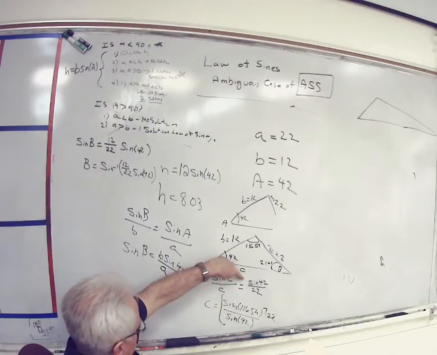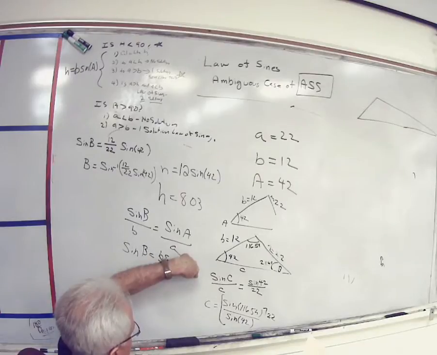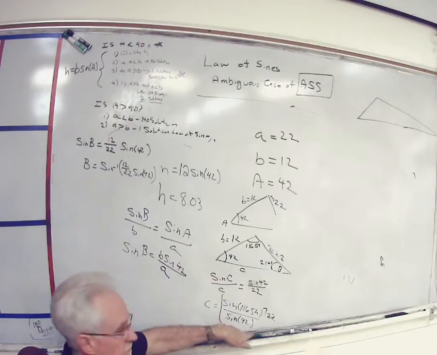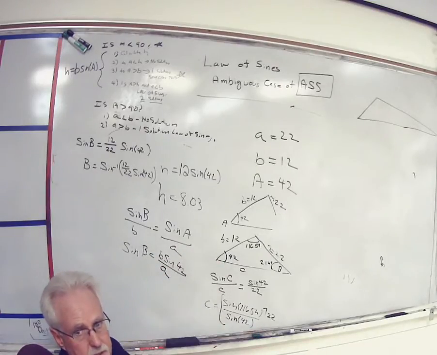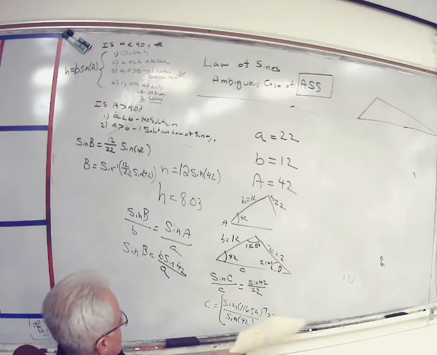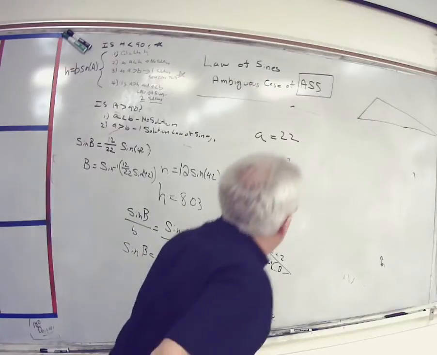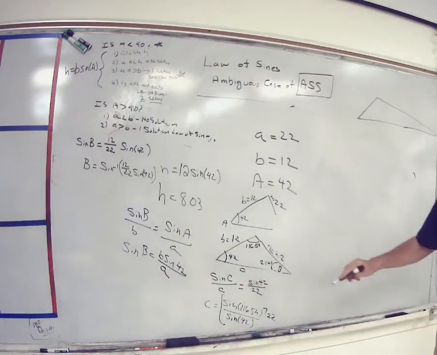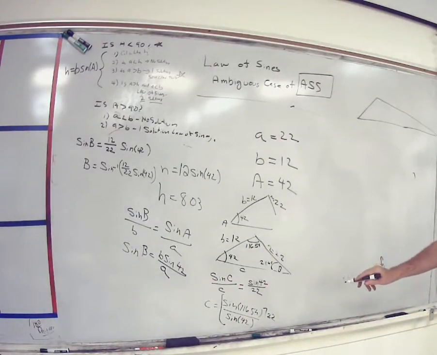C comes over, 22 comes over, sine of C over sine of 42. Would everyone agree? Okay, let's try again.